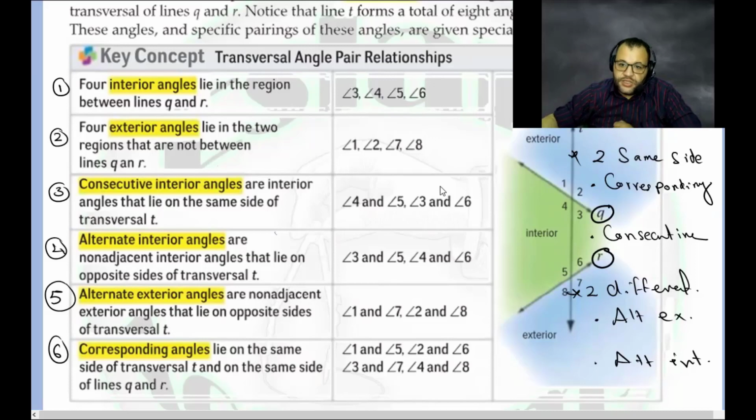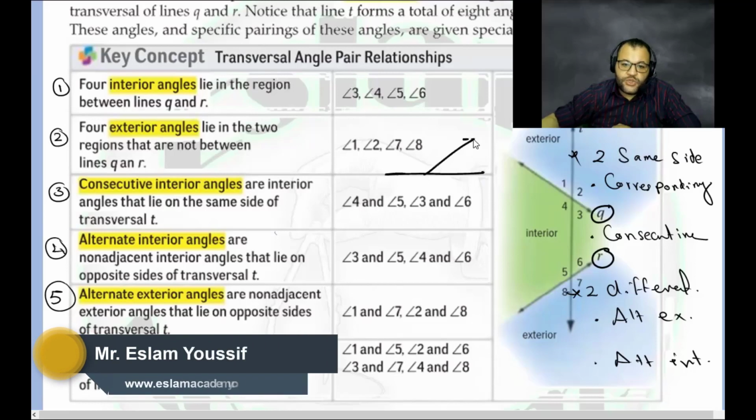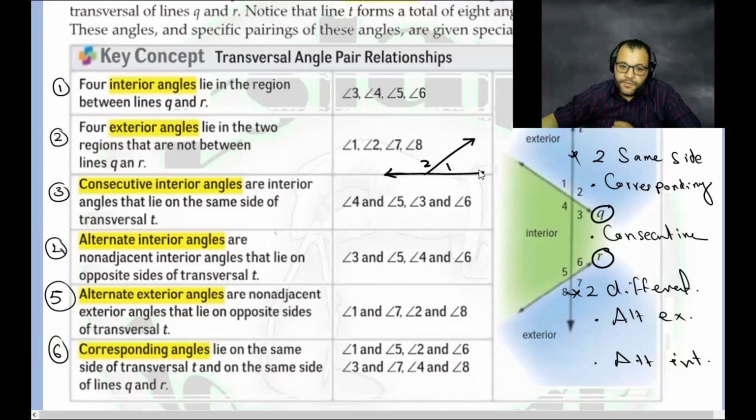You remember the adjacent angles? If the adjacent angles are drawn on the same straight line, like angle number 1 and angle number 2, they are adjacent now. What is the relation between them? Supplementary. Can we say that all of the adjacent angles are supplementary?